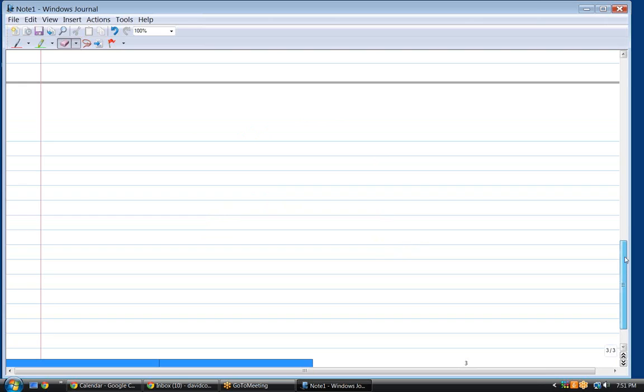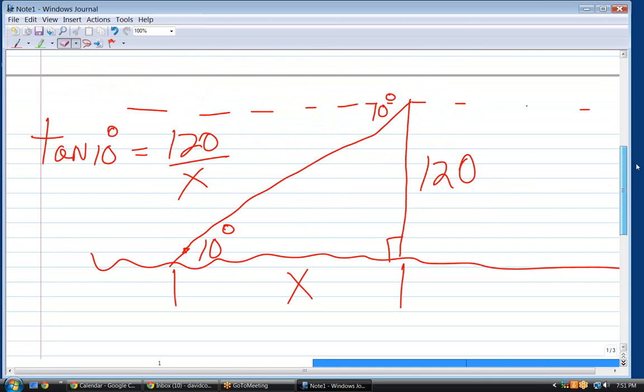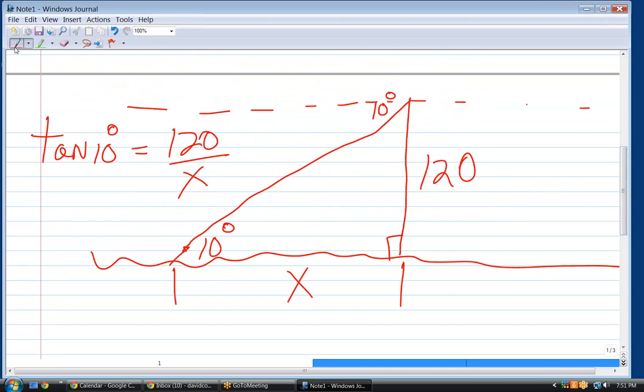But when you're dealing with right triangles, you never really have to use the law of sines. You can just use the standard trig functions, as long as you have one angle and one side like this. In this situation, as long as I use the tangent function, I'm fine.